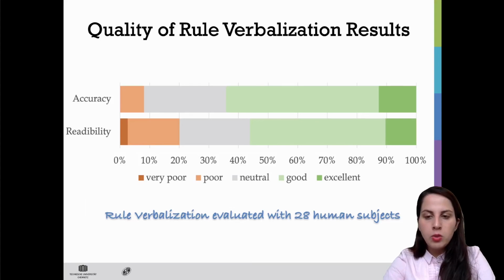The participants were asked to rate the descriptions based on readability and accuracy. We got responses from 28 human subjects. The test subjects rated accuracy and readability of the rule verbalization relatively good, with a slightly better rating for accuracy.